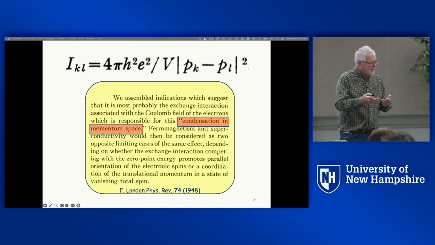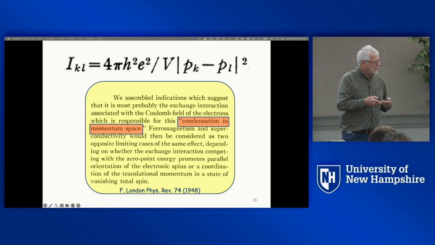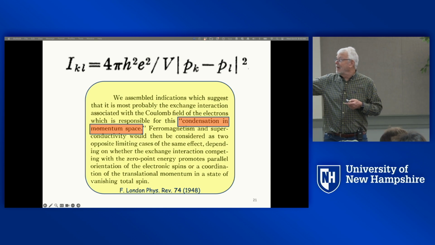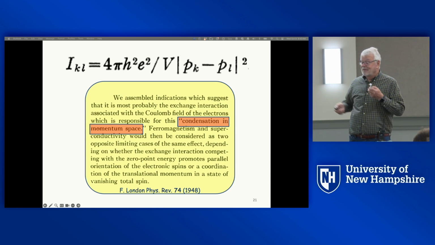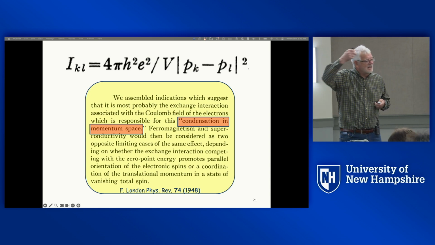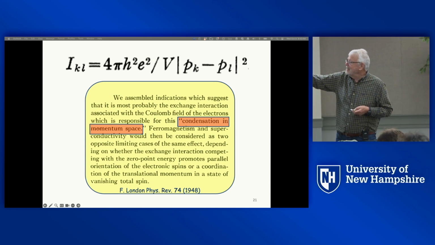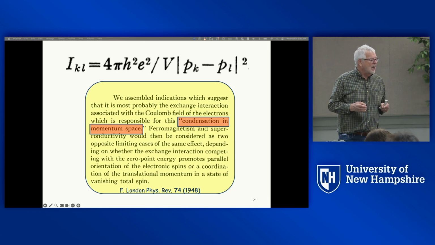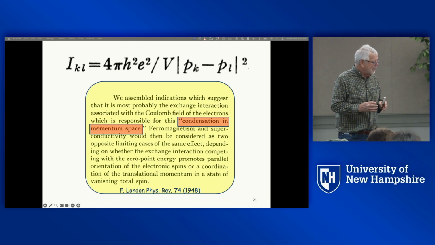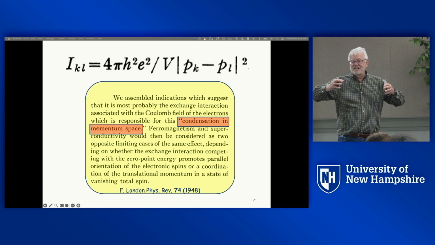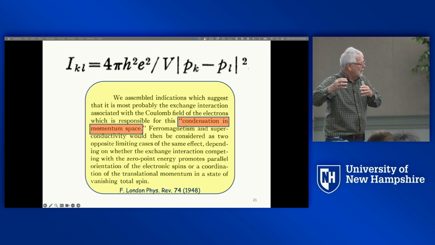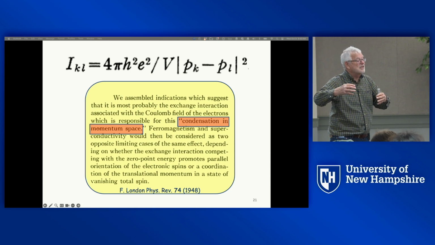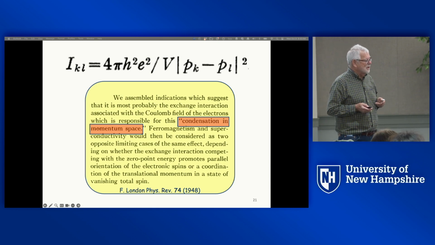states that are close together have very strong exchange interaction. The exchange interaction depends on the Fourier transform of the Coulomb interaction at the difference between the momenta involved. And they were guessing at this time that this would tend to favor states in which electrons clump together in momentum space. And they imagined this tendency to get stuck together in momentum space would be strong enough to allow you to have a persistent current state, and that this could explain superconductivity.